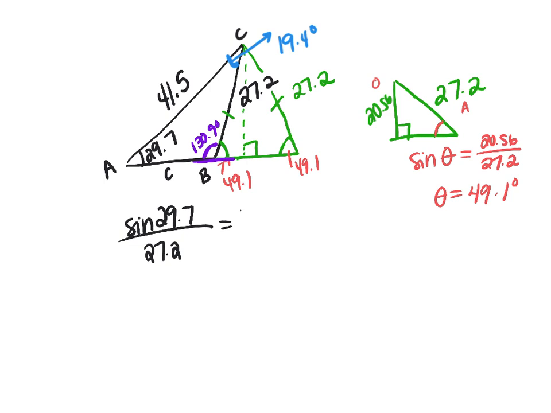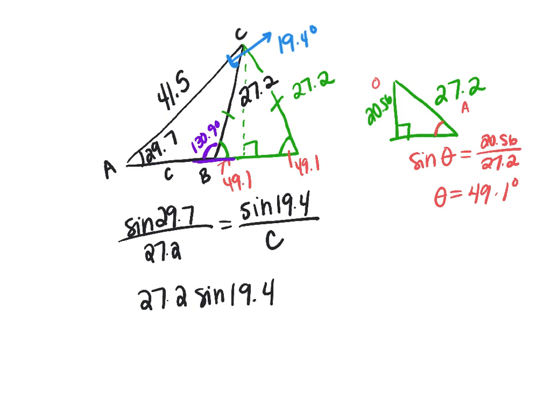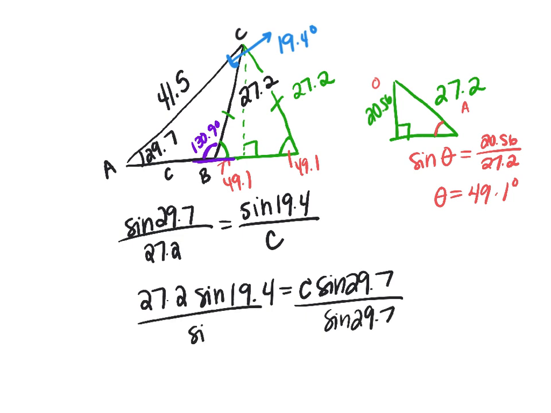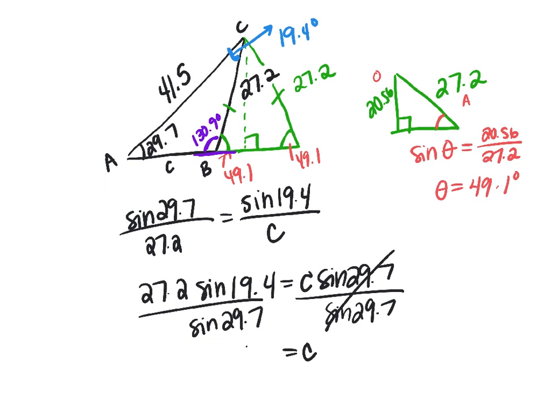So we know the measure of angle C now, sine of 19.4 over C. So cross multiply, C sine 29.7, divide both sides by sine 29.7. Put that into your calculator, and we get that side C is about 18.2.